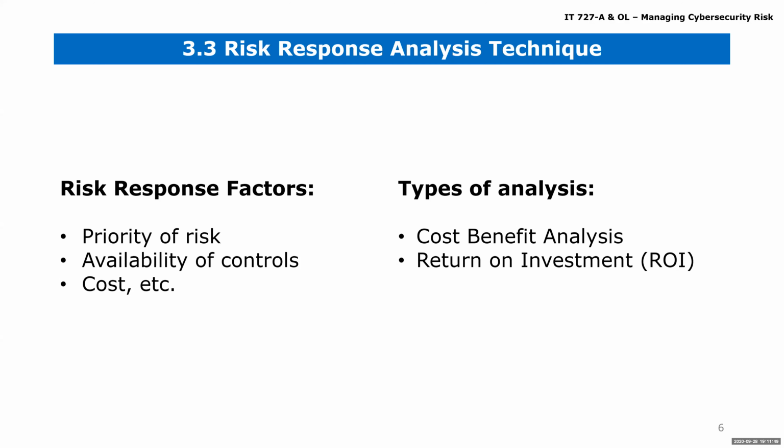When it comes to the business side of things, we will take either a cost-benefit analysis or a return on investment, if we're talking about profit. Cost-benefit analysis, which we touched upon as well, is an analysis approach used to justify the expense associated with the implementation of the control.